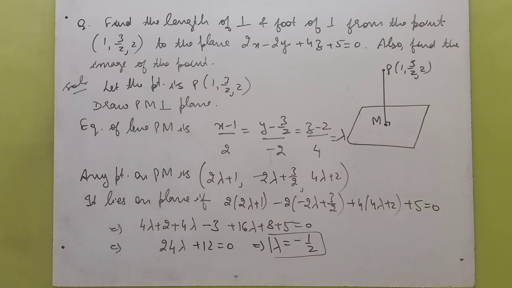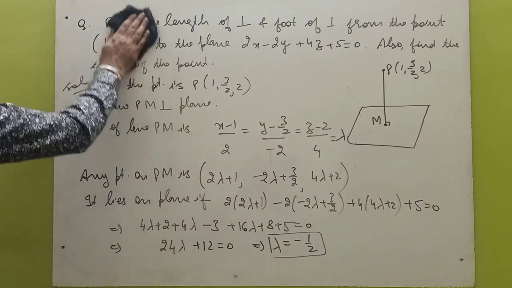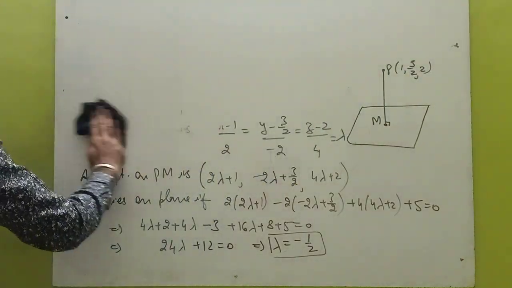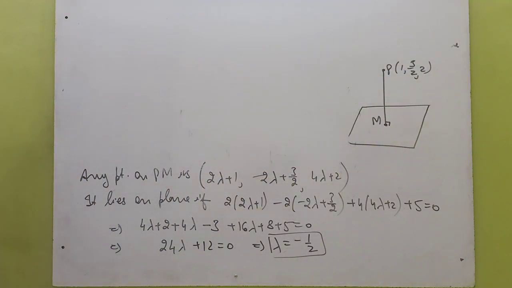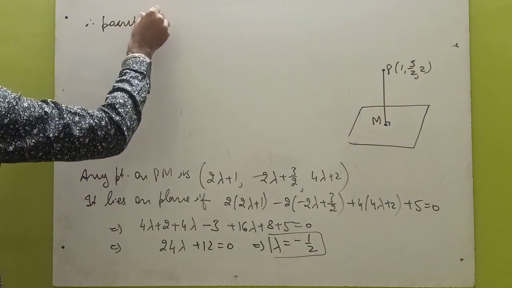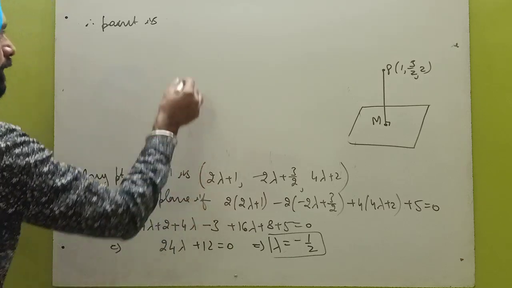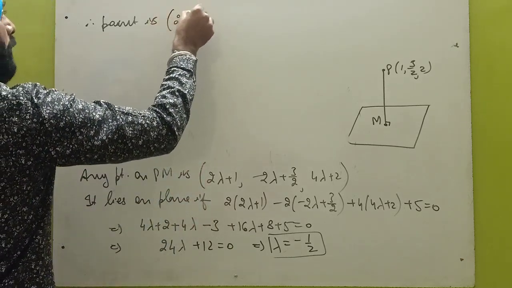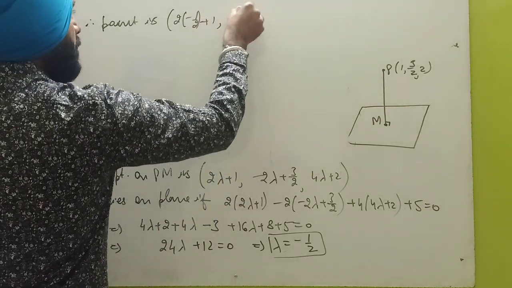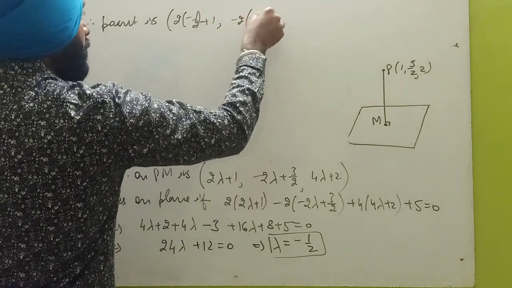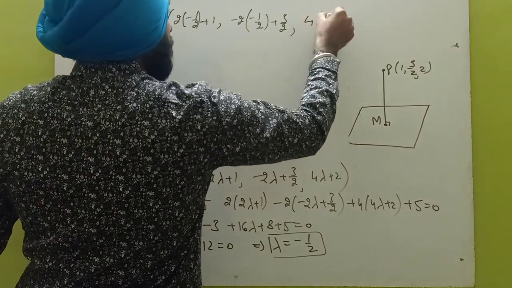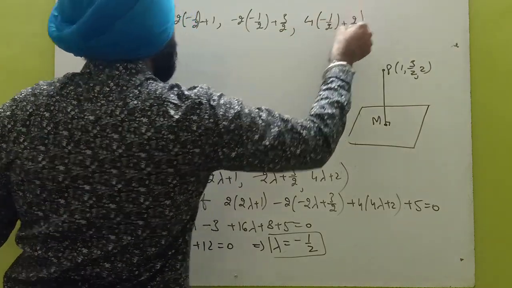Put this value of lambda in the point. Therefore the point is, put the value of lambda here: 2 into minus 1/2 plus 1, minus 2 into minus 1/2 plus 3/2, 4 into minus 1/2 plus 2.